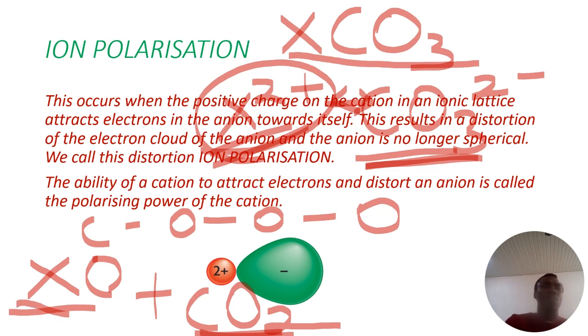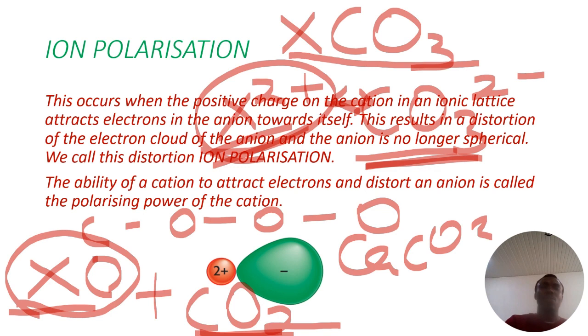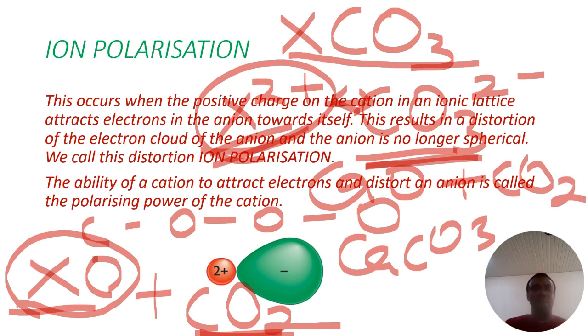If it is calcium carbonate, it can easily decompose to calcium oxide, which is an oxide of the metal, and carbon dioxide. So the ability of a cation to attract electrons and distort an anion is what we call the polarizing power of the cation. It's as simple as ABC.